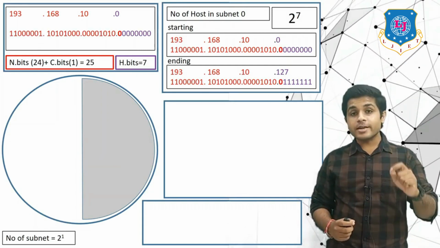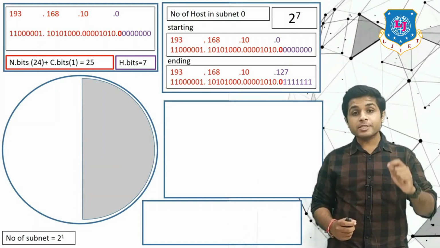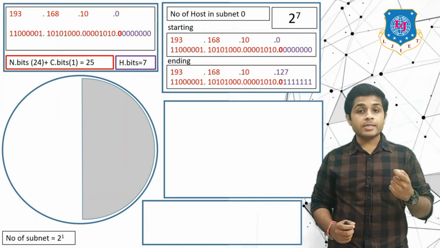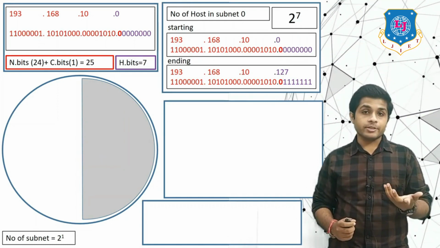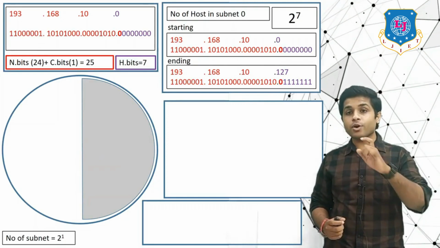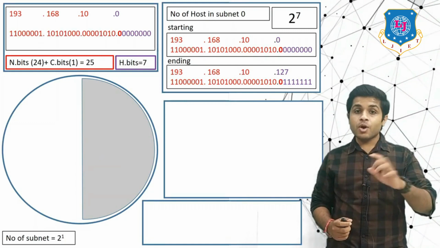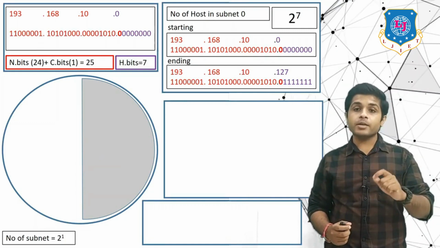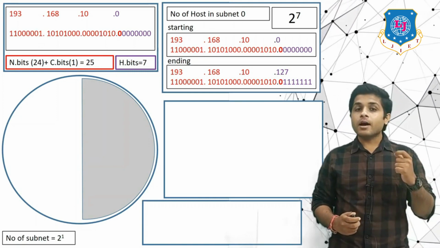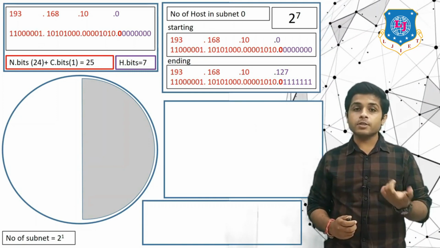Because the first address in the subnet represents the whole subnet and the last address in the subnet represents the broadcast address. So any message sent to the last address of subnet 0, all the devices in that subnet will receive the message.